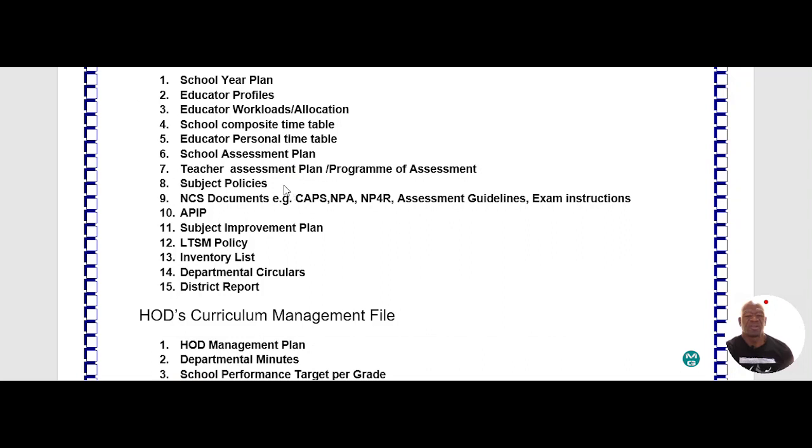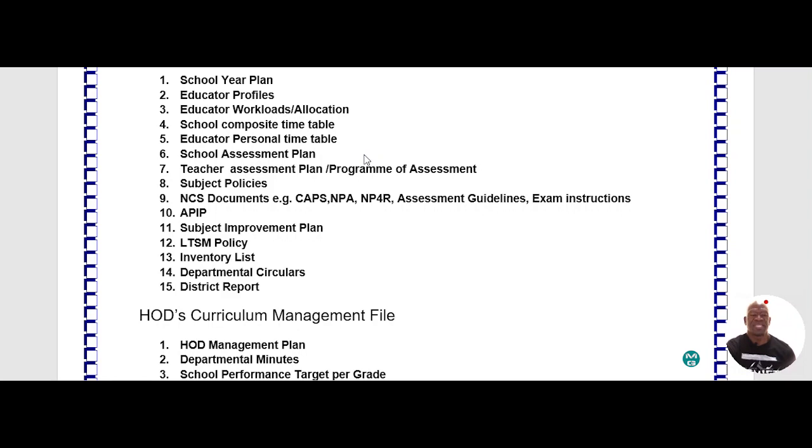Right, moving right along, the next one is the subject policy. The subject policy is the one that stakeholders in a subject come together to develop, and it should be made up of different aspects, which include the following.